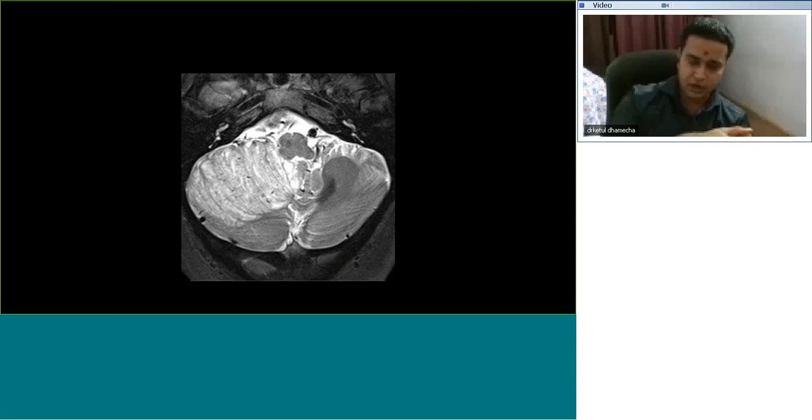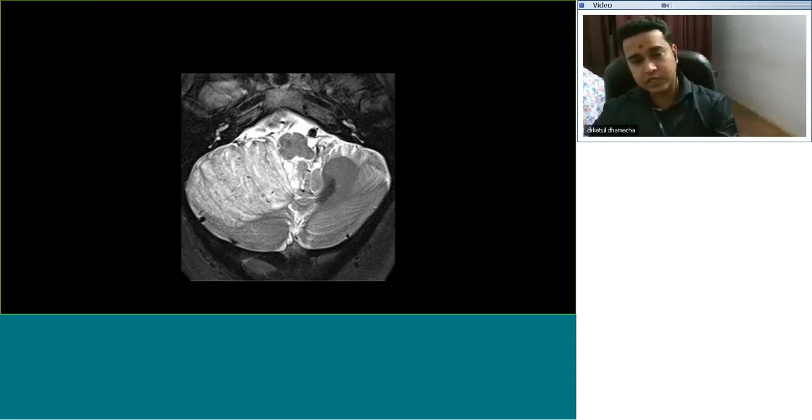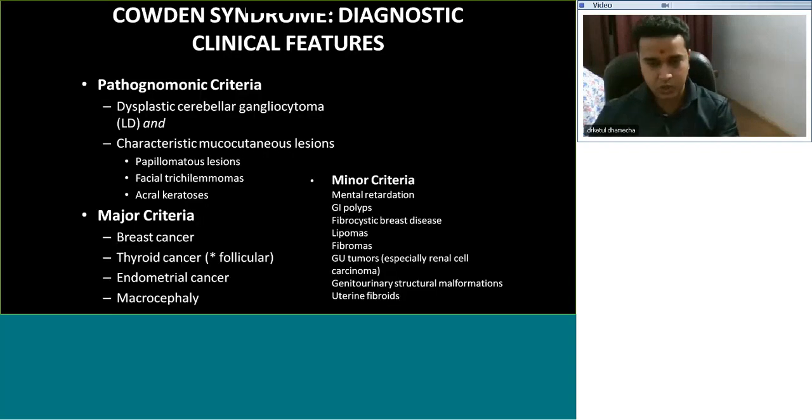I have seen a few cases where such a lesion is reported as an acute infarct, sometimes as restricted diffusion, but on sequential imaging or in follow-up you can follow the similar pattern. So this is the hamartomatous tissue, Lhermitte-Duclos disease.